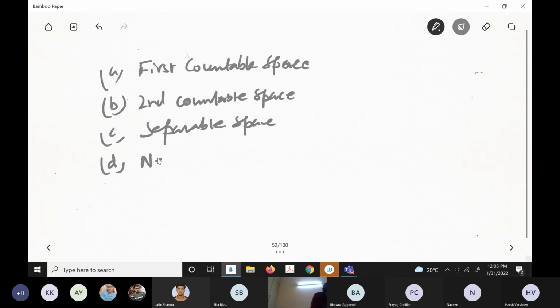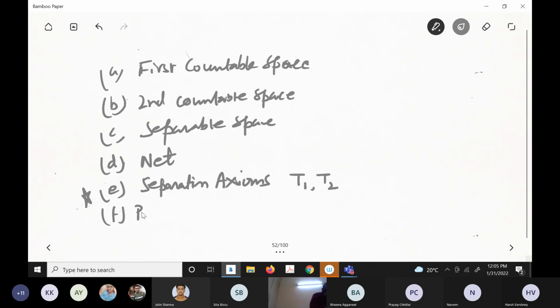Separation axioms basically: I taught only T1 and T2. T2 means Hausdorff. I taught product and quotient topology.